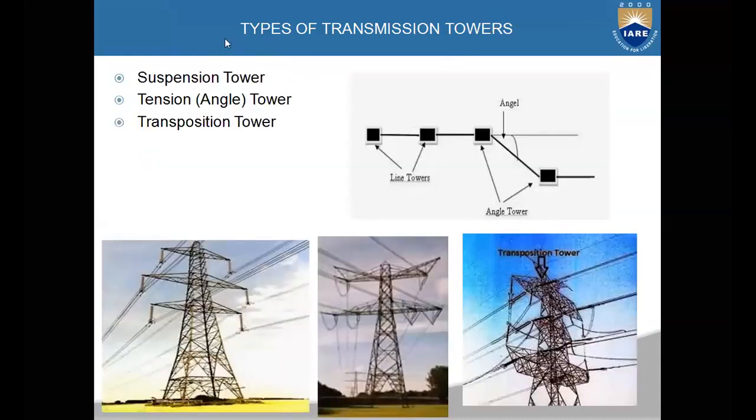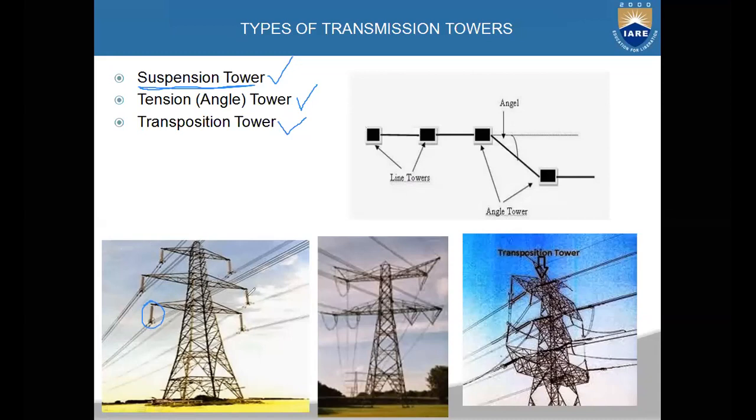Right. So the types of towers, depending upon the mechanical strength again, are represented here. These are suspension towers, tension or angle towers, and transposition towers. So what is a suspension tower? A suspension tower is a tower where your conductors are supported with the help of suspension insulators.